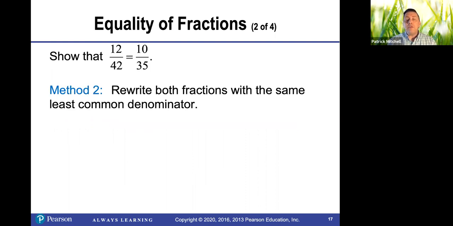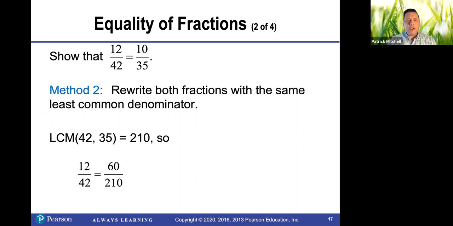Another way would be to rewrite both fractions with the same least common denominator. Least common denominator, by the way, is the same thing as least common multiple. So use what you remember about least common multiple from the last chapter to find least common denominators. The least common multiple of 42 and 35 is 210.